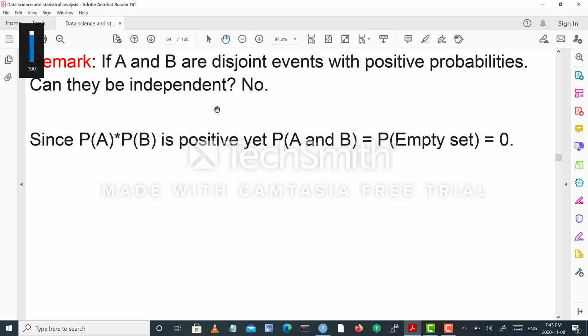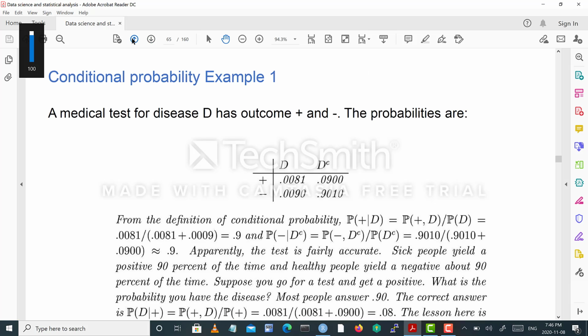No. Example: P(A) times P(B) is positive, yet P(A and B) is equal to P of the empty set, which is equal to 0, because we said they are disjoint, so A and B is the empty set, and the probability of the empty set is 0, but P(A) times P(B) is positive, so they are not equal.